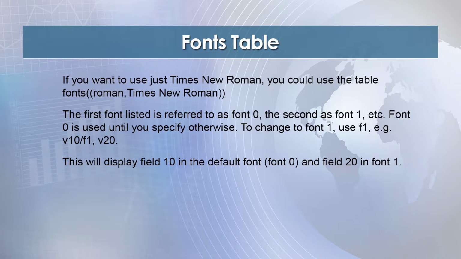This syntax in the formatting language will display field 10 in the default font, that is font 0, which is Courier New, and field 20 in font 1, which is actually Arial. So, here the command is fn, f1 I have given, comma, then the corresponding tag. So, V20 will be displayed using font family 1, and font family 1 is basically Arial. The list of the table you have to consult from the manual.